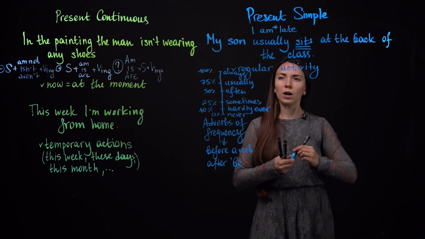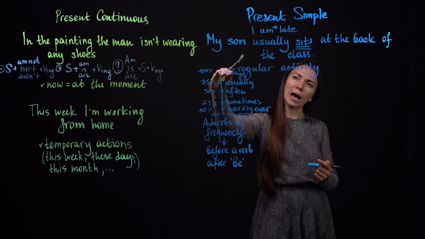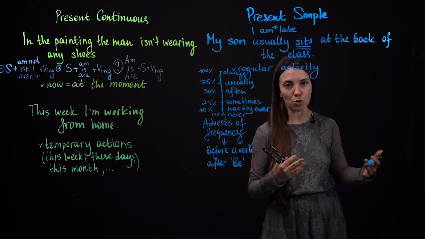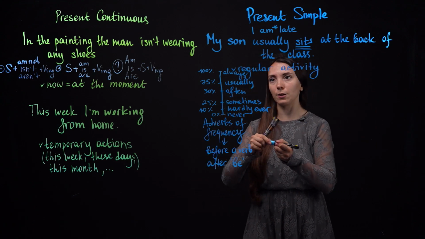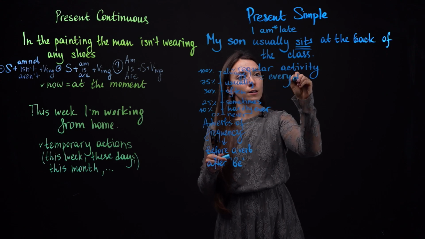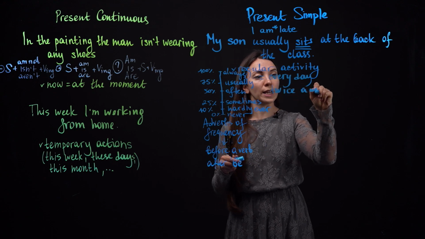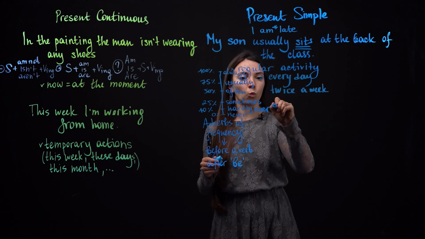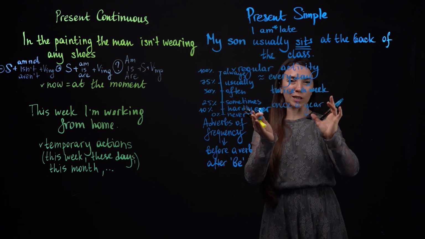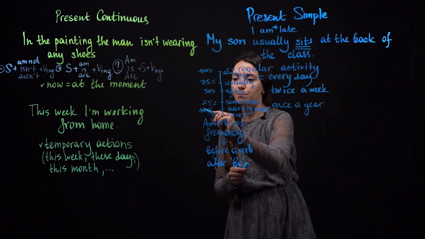Okay. What are other words which indicate that it's a regular action? Like if it happens always, so I drink tea on Monday, Tuesday, Wednesday, Thursday, Friday, so like every day. Every day, maybe twice a week, maybe once a year. All these expressions, we call them expressions of frequency.